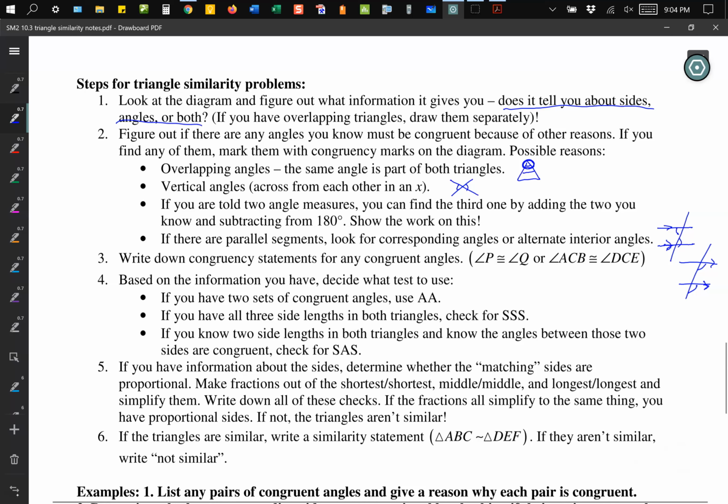If your test involves sides, you need to make fractions out of matching sides. So make sure that you are using matching sets of sides. Shortest over shortest, middle over middle, longest over longest. And make sure that the same triangle goes on top in each fraction.